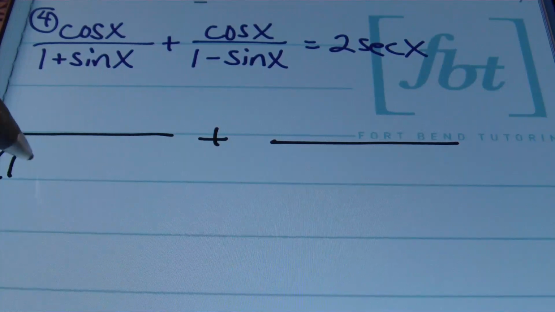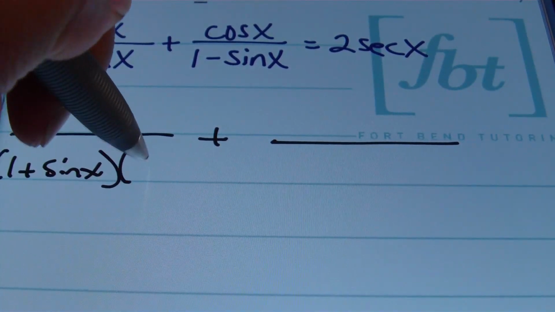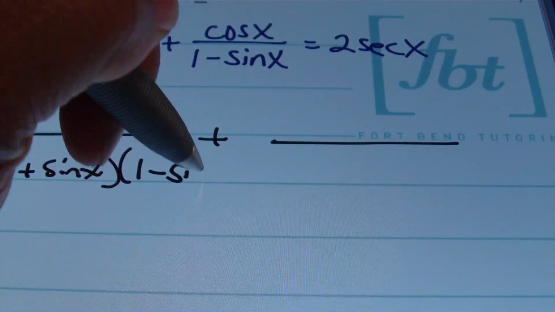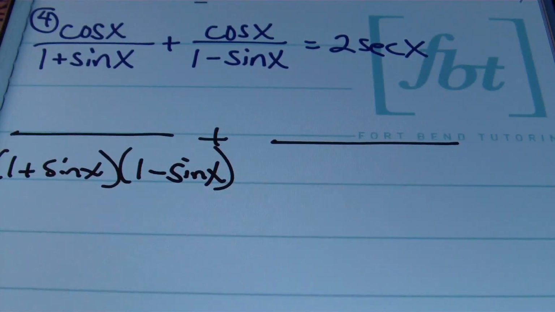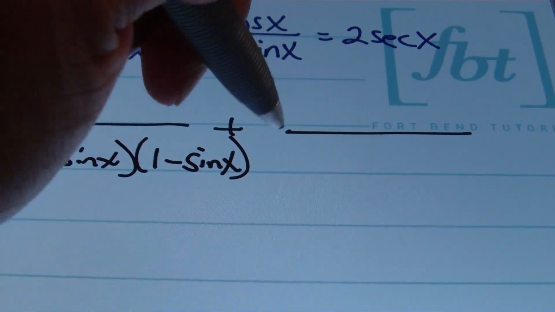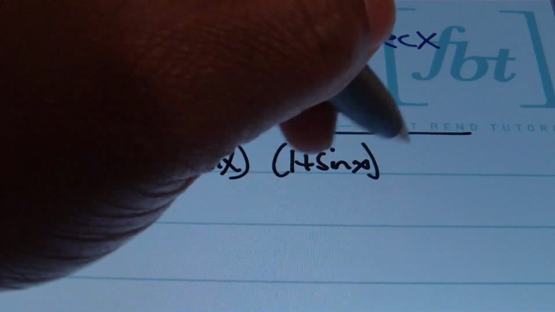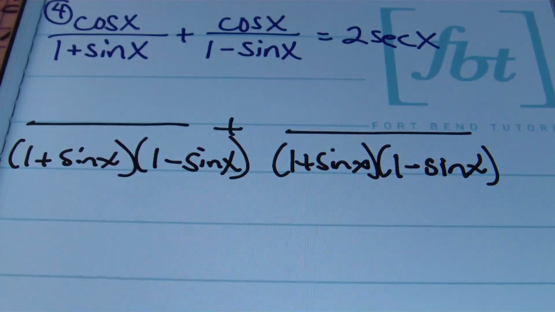And I need that in both denominators. So we have 1 plus sine x, multiplied with 1 minus sine x. All right, so there we have it.